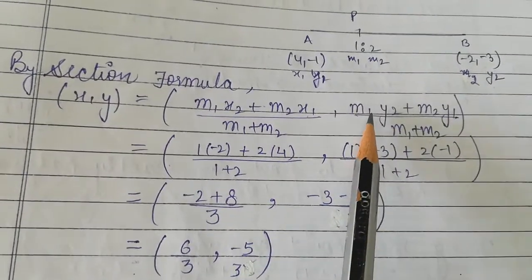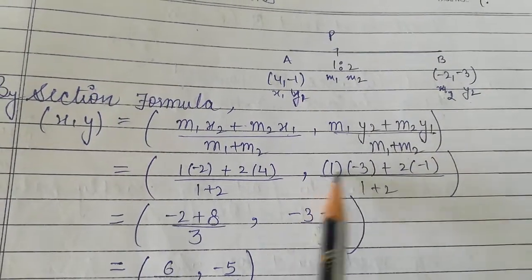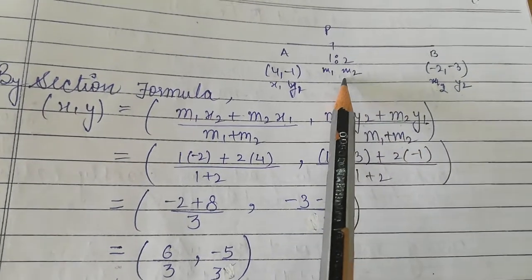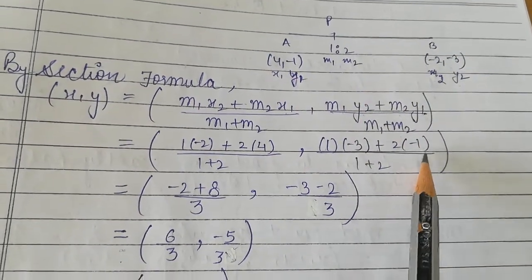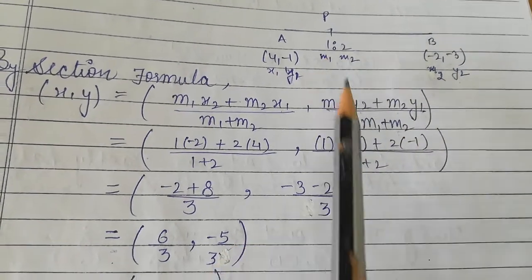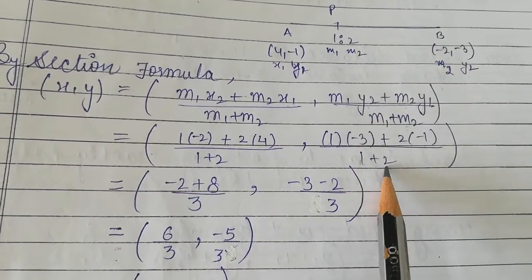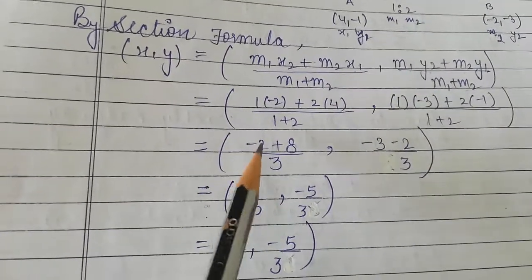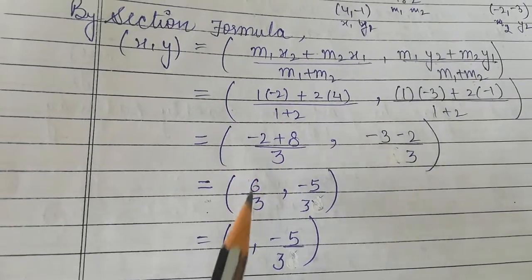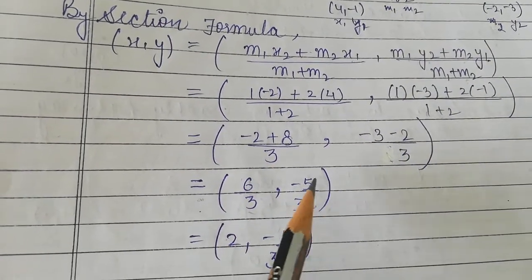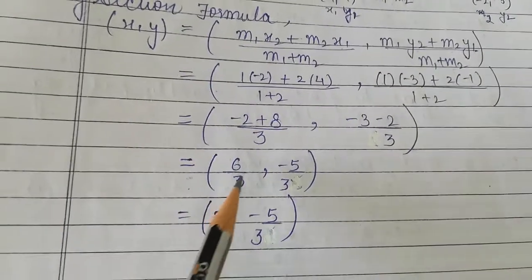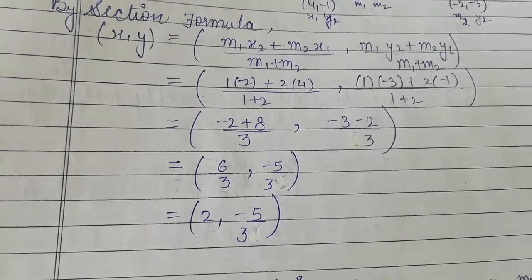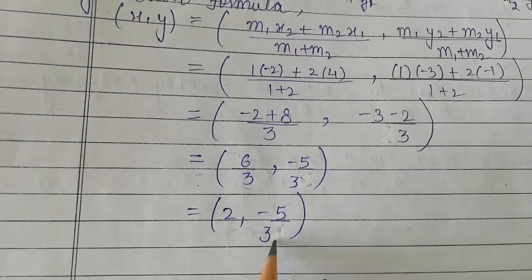Similarly for the y coordinate, m1 is 1, y2 is -3, plus m2 is 2 and y1 is -1, divided by m1 plus m2. In the denominator we always write the sum of the ratio, here 1 plus 2. After solving we get 8 minus 2 is 6, divided by 3, and -3 minus 2 is -5, divided by 3. After cancelling, 3 ones are 3, 3 twos are 6, so the x coordinate is 2 and the y coordinate is -5 by 3. These are the coordinates of point P.